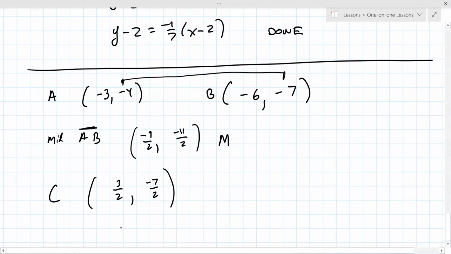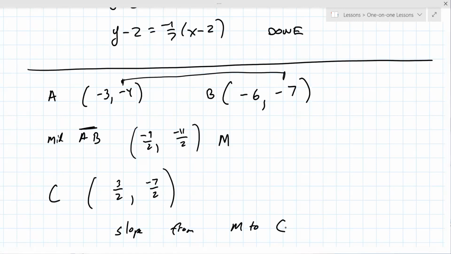I want you to find the slope from M to C. I know it has fractions, but it's still doable. Give that a try, please.